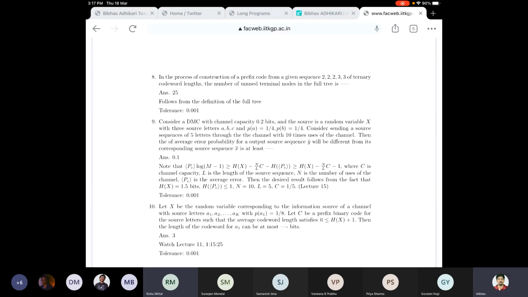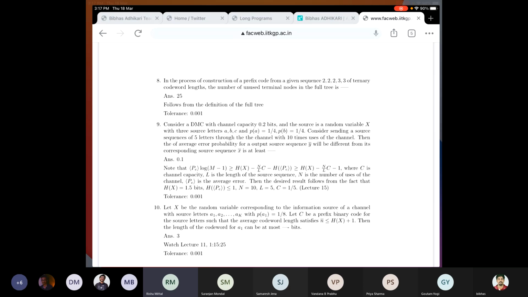Out of 27, you only have to use 2. So unused terminal nodes are those which are not used for the coding. We also can't use 9 terminal nodes because we already use them in the case of 2 lengths.